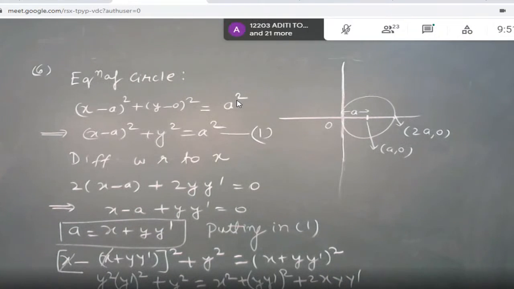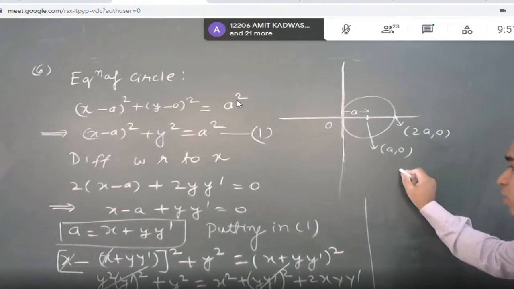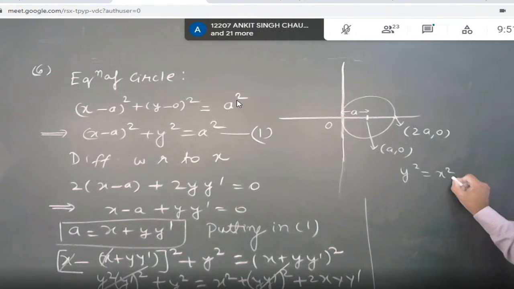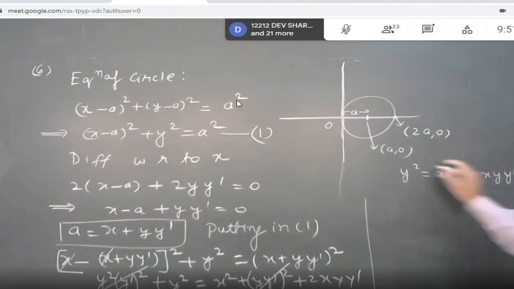One more term gets cancelled, and what remains is your answer. So the final answer will be y square equals x square plus 2xy y dash. All the students please check the answer and tell me, is this right? Yes, sir. Correct, sir.